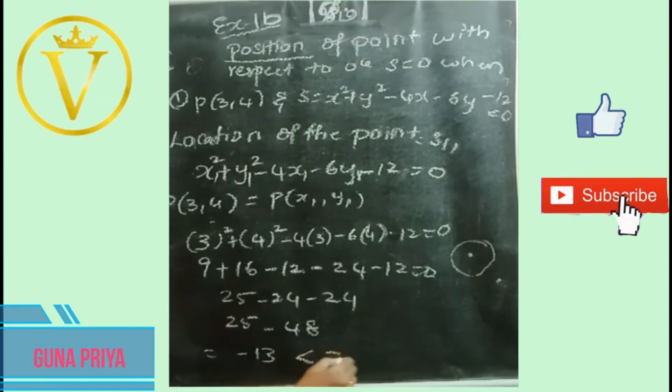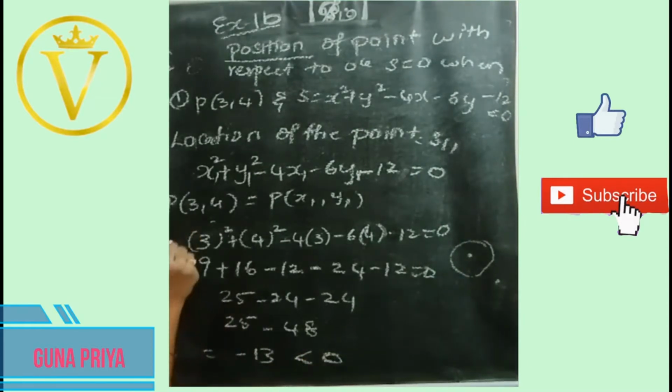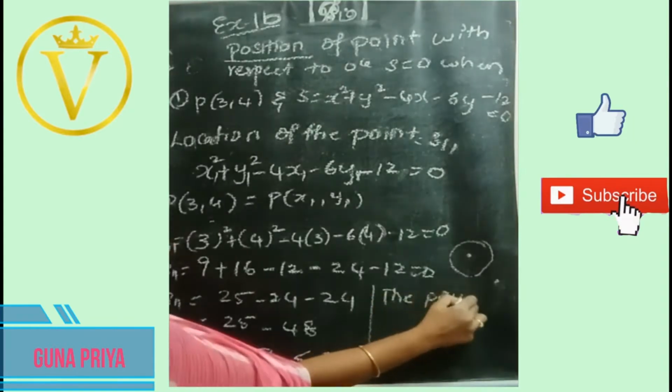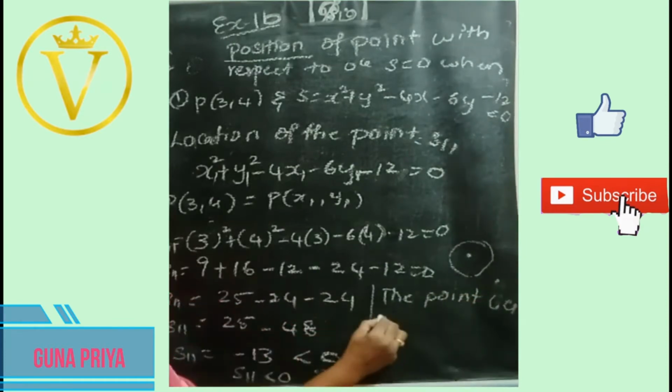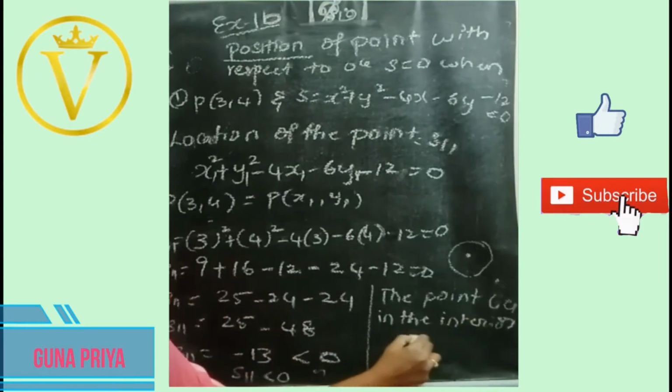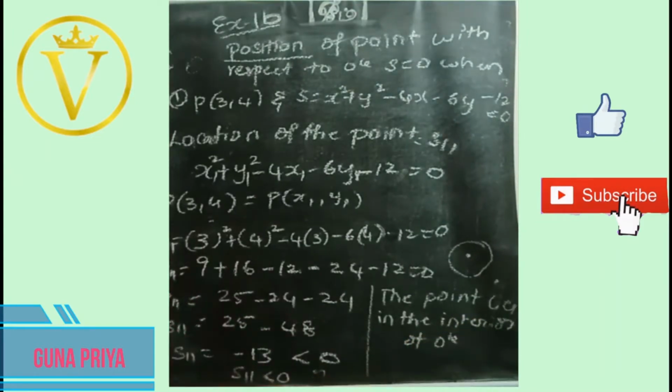It is less than 0. So here S11 is less than 0, so the point lies in the interior of the circle. Whatever the point given, we have to substitute in this equation.